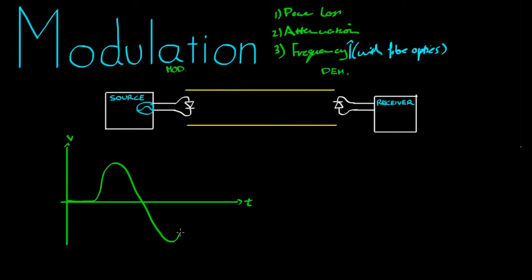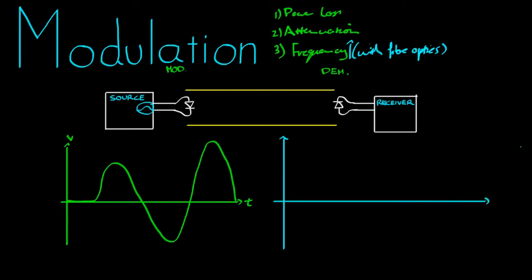It's got a negative voltage now, comes back up even higher, and then down to 0. There's such a thing as a carrier wave, which we can use when we modulate. And the carrier wave says basically we're going to combine this signal here with this wave here. This is the carrier wave. And we'll make it very small frequency. And I'll show you how that works.